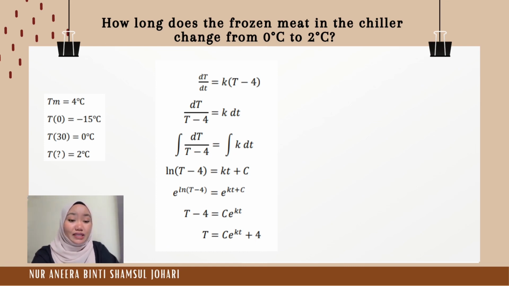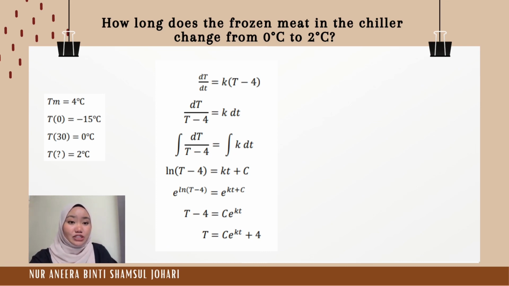Therefore, we move T minus 4 to the left side and dt to the right side, and integrate both sides, and it will be ln|T minus 4| equal to kt plus constant C. To eliminate ln, we multiply both sides with the exponential, and it will be e to the power of ln|T minus 4| equal to e to the power of kt plus C. After we eliminate the ln on the left side, it will be T minus 4 equal to C e to the power of kt.